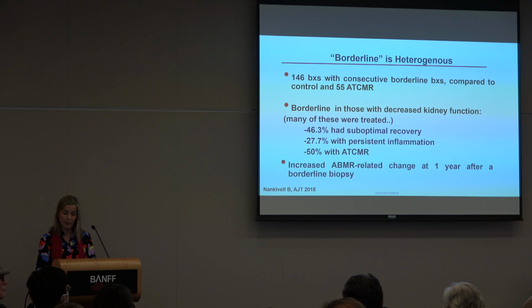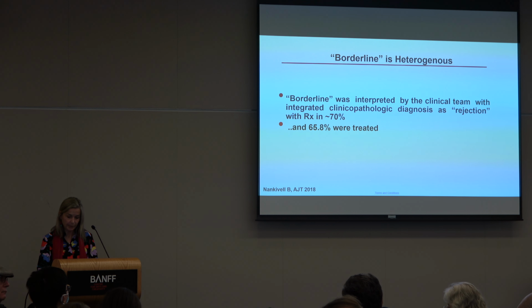Almost half had suboptimal recovery, about a quarter had persistent inflammation, 50% went on to ATCMR. And very importantly, in some of these borderline biopsies, there was increased ABMR-related changes at 1 year after a borderline biopsy. Maybe they didn't all meet full criteria, but there was some hint of something perturbed related to ABMR.